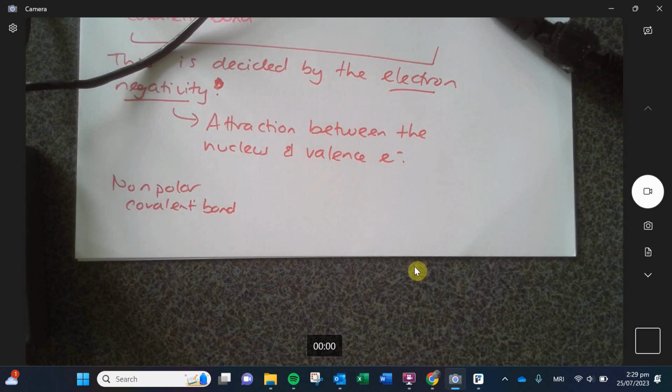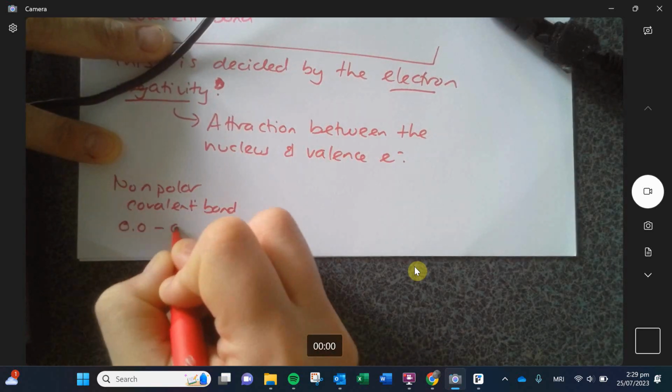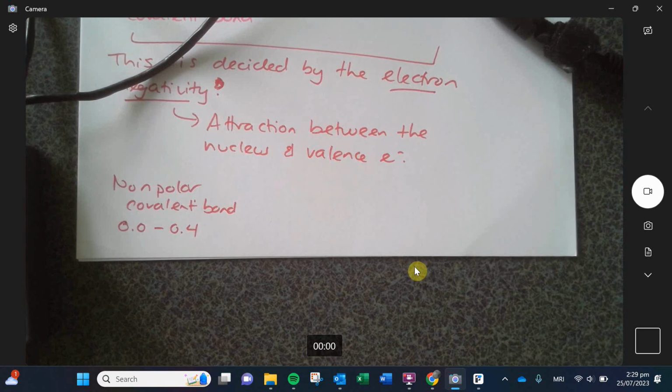As a rough estimate, for nonpolar covalent bonds the difference is about 0 to 0.4. It's a rough guideline. So if the difference between these two numbers is very minor, it'll be a nonpolar bond.